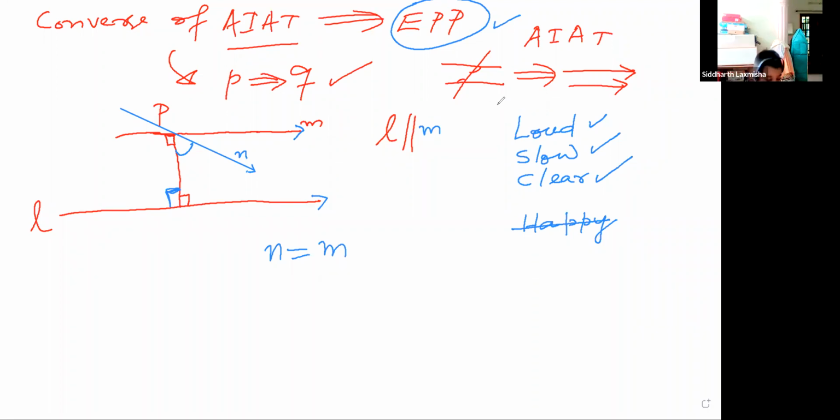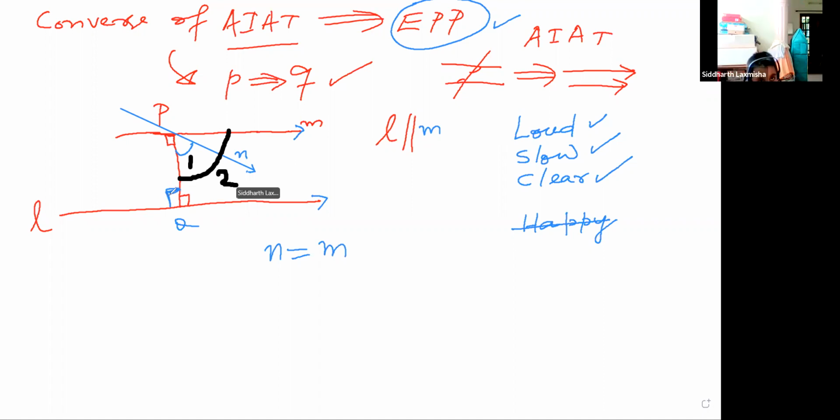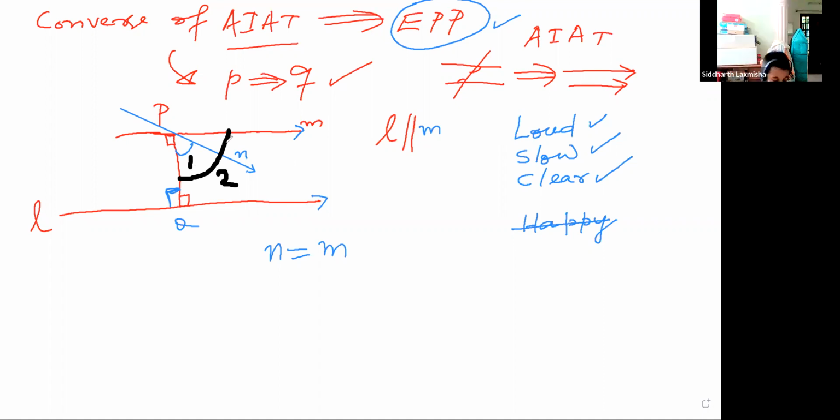Actually, what you're saying is, if L is parallel to both N and M, angle 1 has to be equal to angle 2. Yes. If angle 1 equals angle 2, they are both the same line.